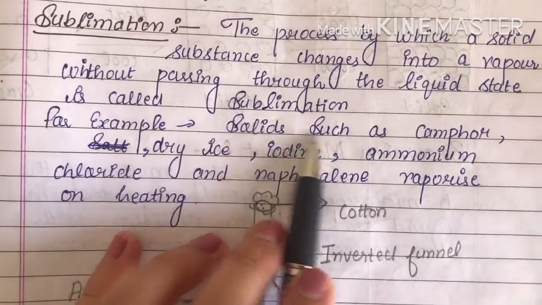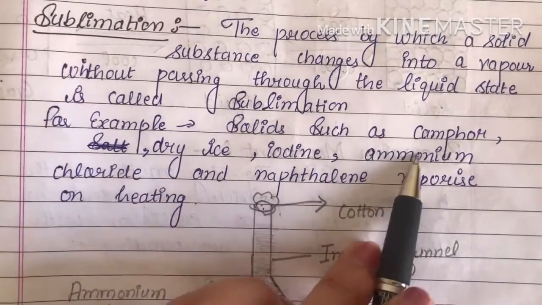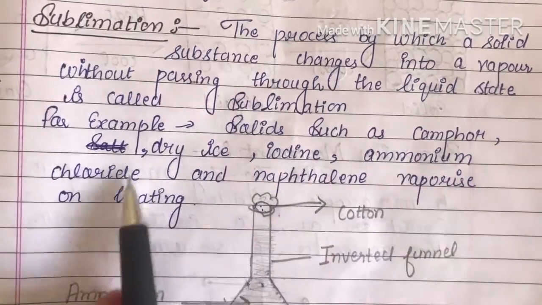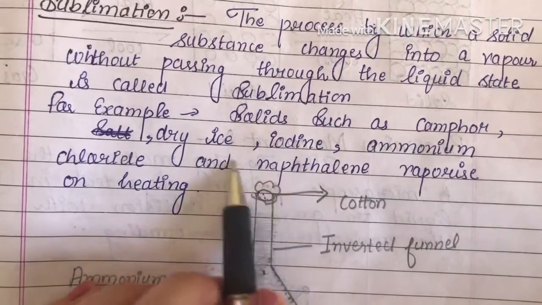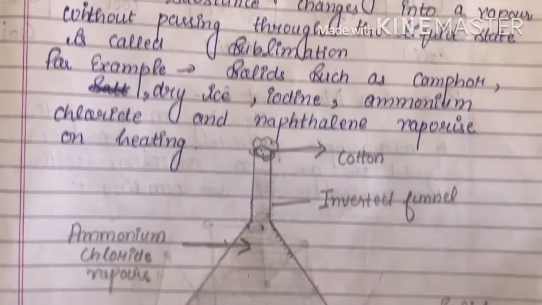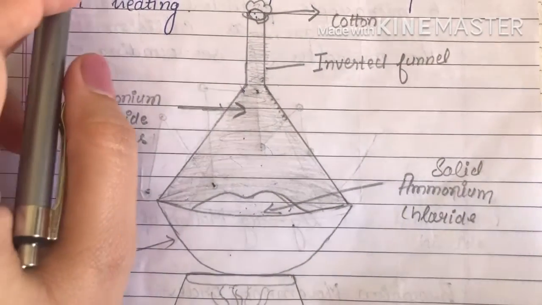Here these are examples of solids used in the sublimation process, like camphor, dry ice, iodine, ammonium chloride, naphthalene. These solids are converted into vapor form on heating. Here this is the apparatus used for sublimation.